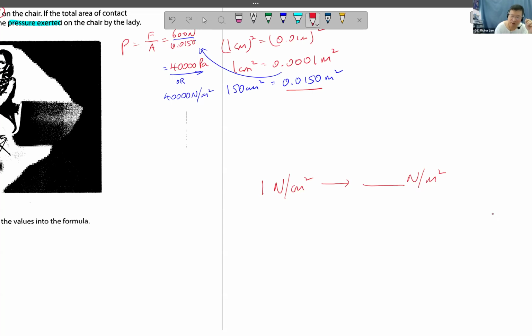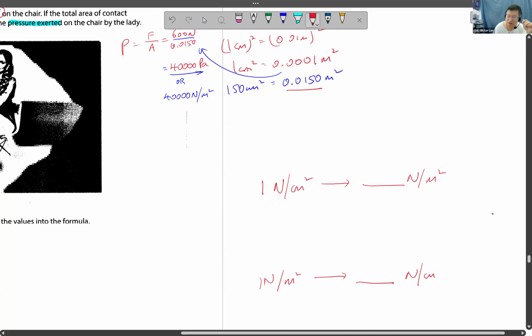And I want to convert like that also: 1 Newton per meter square, convert to something Newton per cm square. Are you with me? So this is called unit conversion, because Newton per cm square and Newton per meter square are both valid units of pressure.